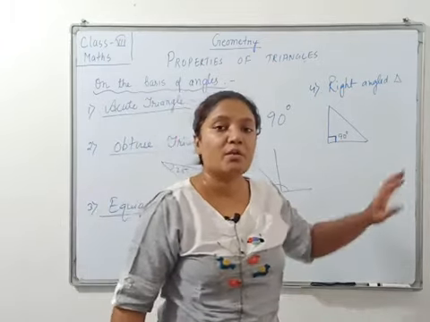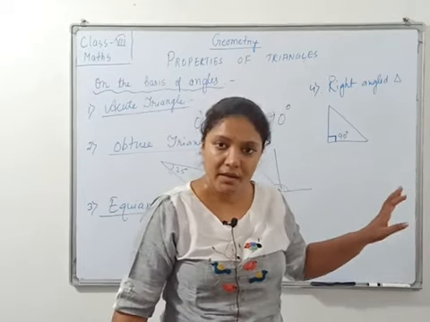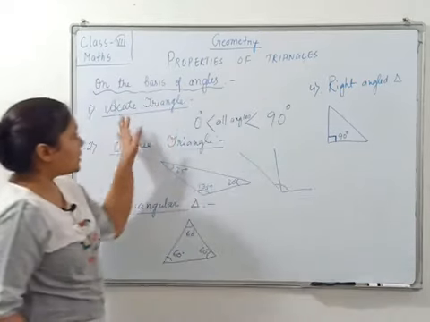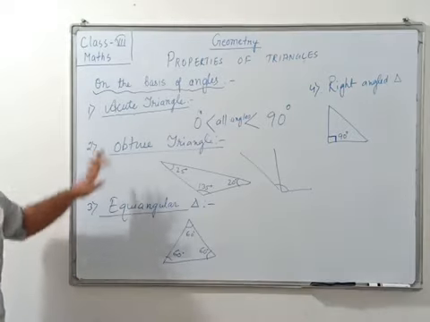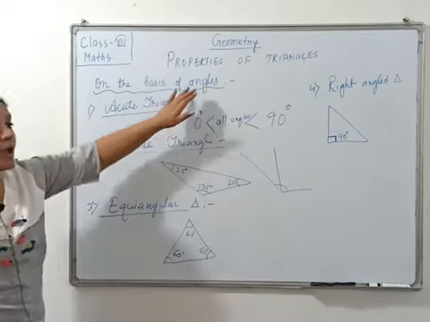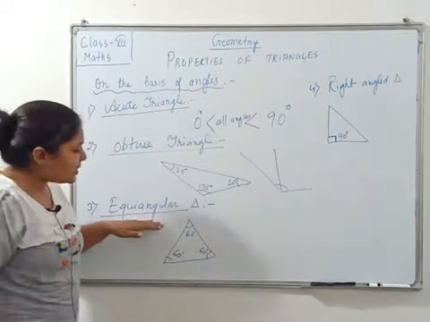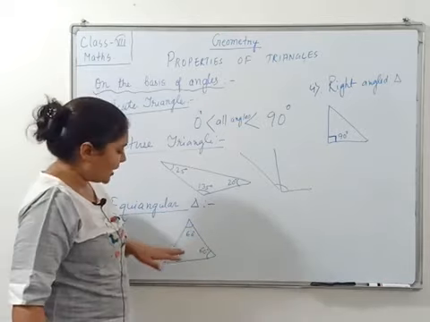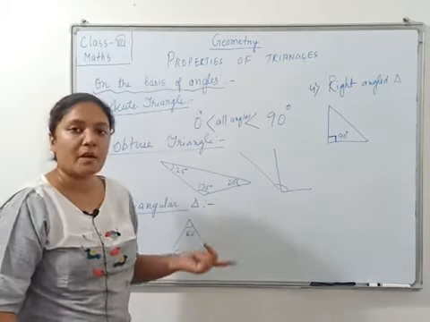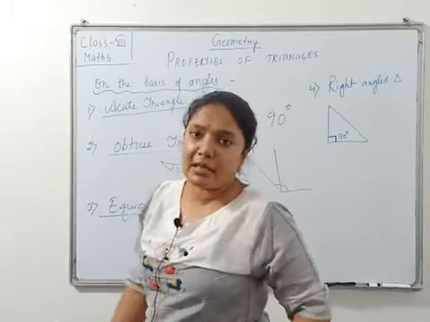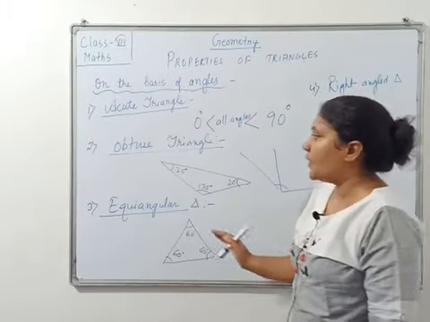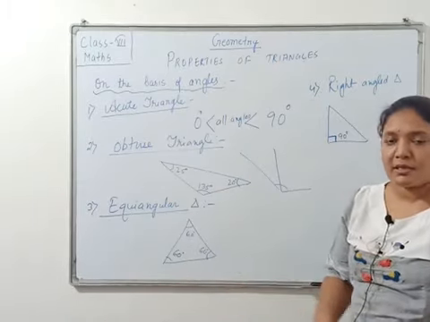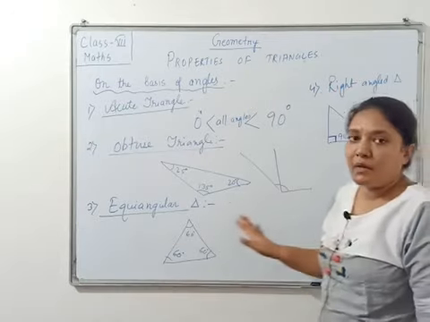That means the other two angles should be acute angles. Clear, students? So these are the 4 types of triangles on the basis of angles also. Now equilateral is the same, right? If all the angles are equal, that is also an equilateral triangle. If all the sides are the same, that is also an equilateral triangle. Clear, students? I hope this basic is very clear, okay?